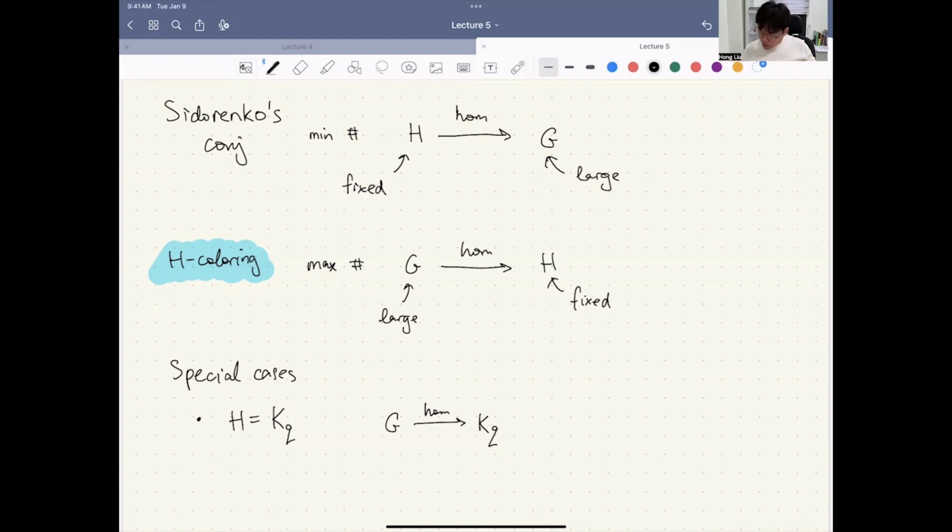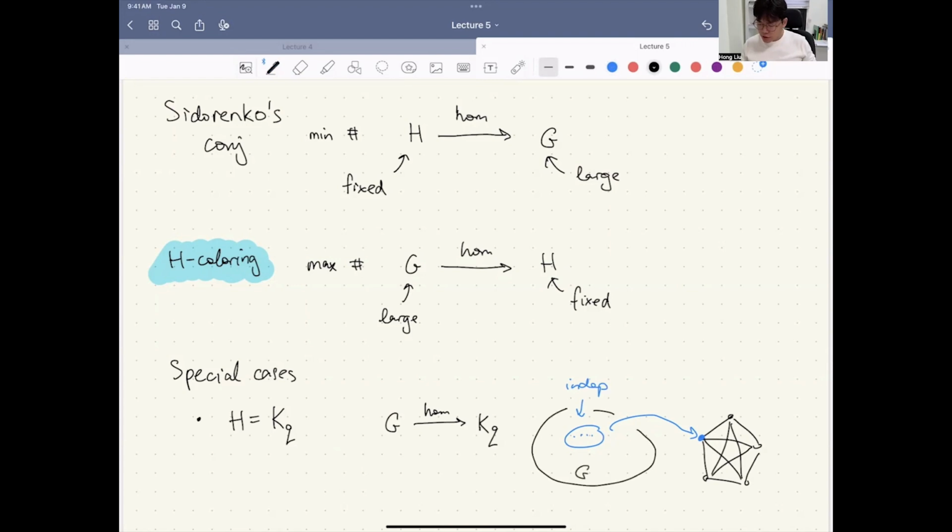So for any vertex in this K_q, let's say q equals 5 in this picture, its pre-image under the homomorphism must be an independent set in our graph G. In other words, we have to partition all the vertices and map them to different vertices.